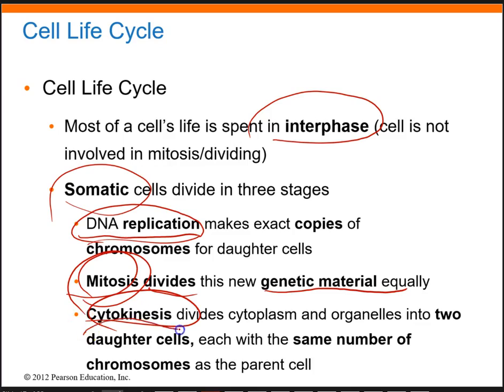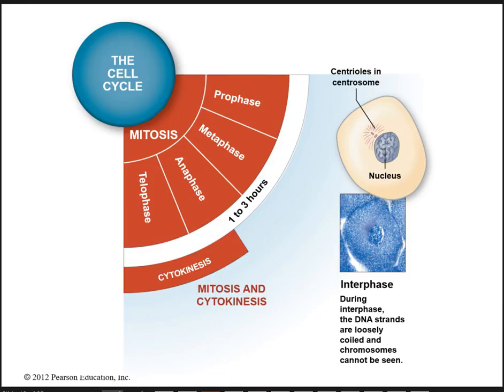And cytokinesis, the separation, actually starts during mitosis. And then once the genetic material is completely divided in mitosis, the cytokinesis just has to finish, kind of pinching off into two separate cells. Okay, so the cell's life cycle. Again, all of this is when the cell is not dividing, right?